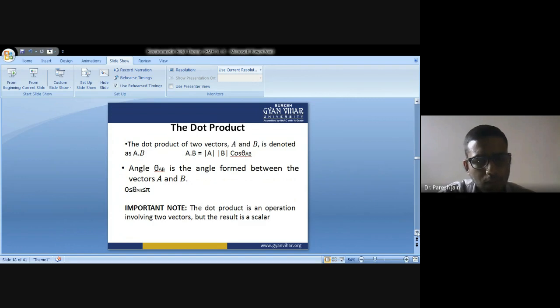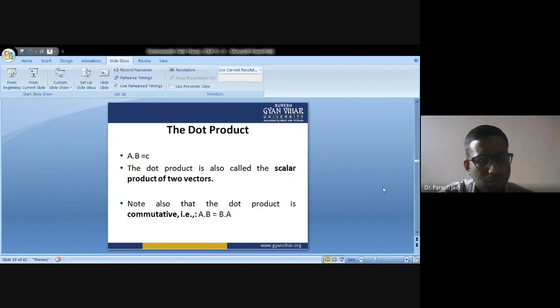This is the important note. The dot product is an operation involving two vectors. Dot product always deals with vectors, and the result of this product of two vectors is always a scalar quantity. So a dot b is equal to c.